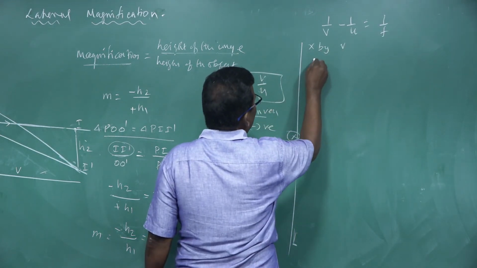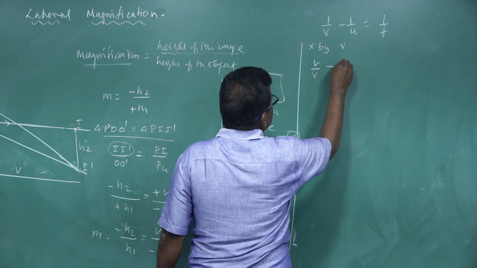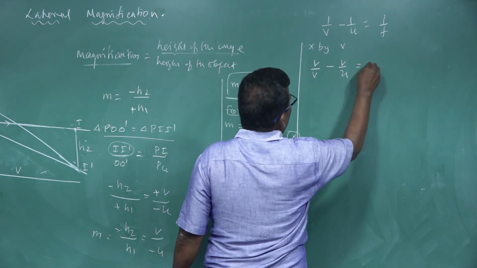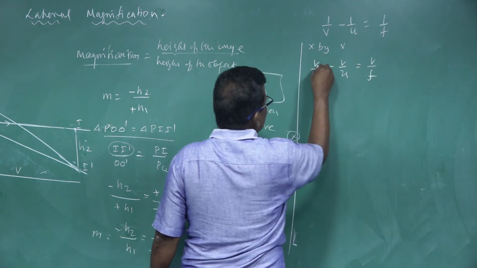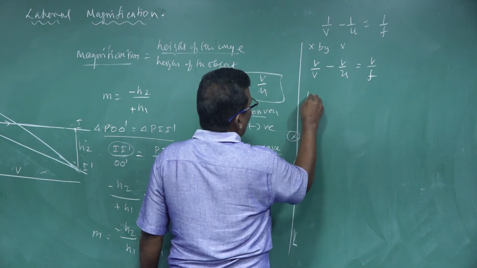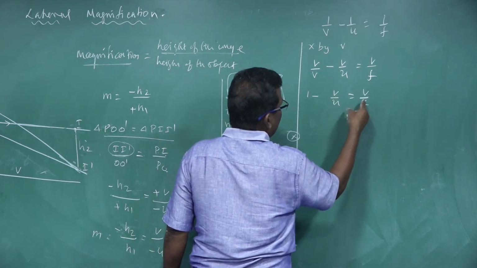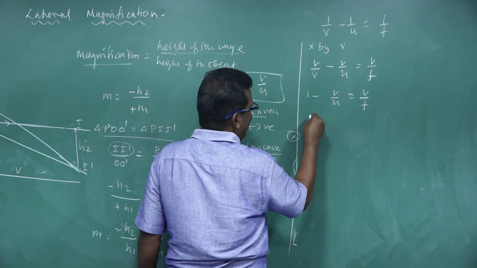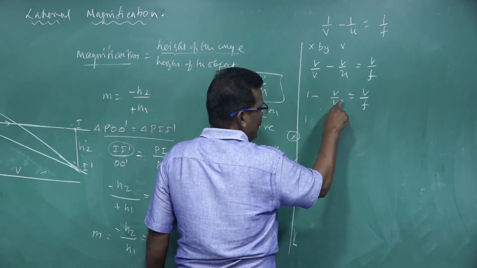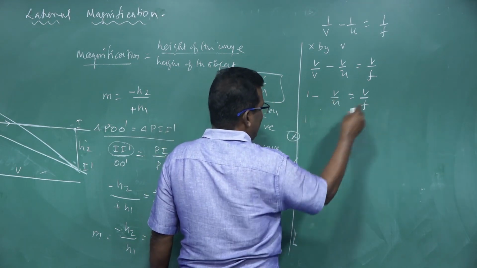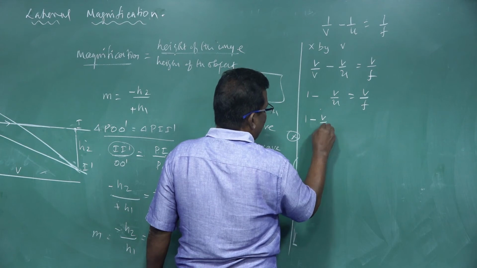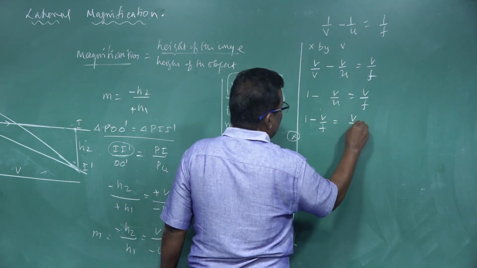So v by v minus v by u is equal to v by f. v by v is equal to 1, so 1 minus v by u is equal to v by f. When v by f comes to this side, it's negative, and 1 minus v by u goes to that side, positive. So 1 minus v by f is equal to v by u.